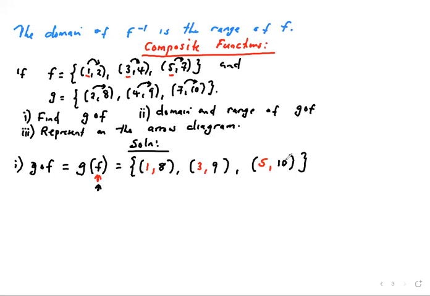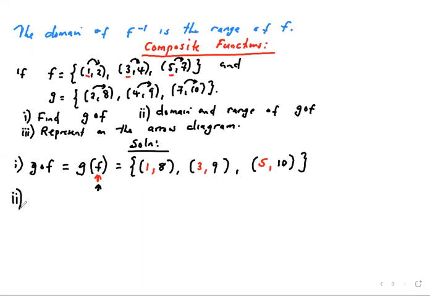A composite function is a function that is obtained with respect to the relationship or the conditions attached to it. Okay, let me put the definition after the third piece.